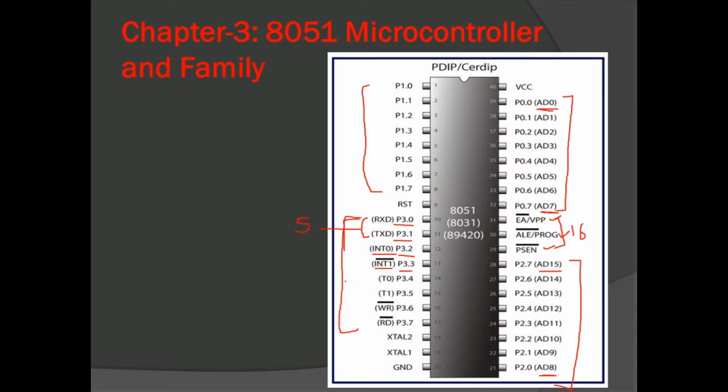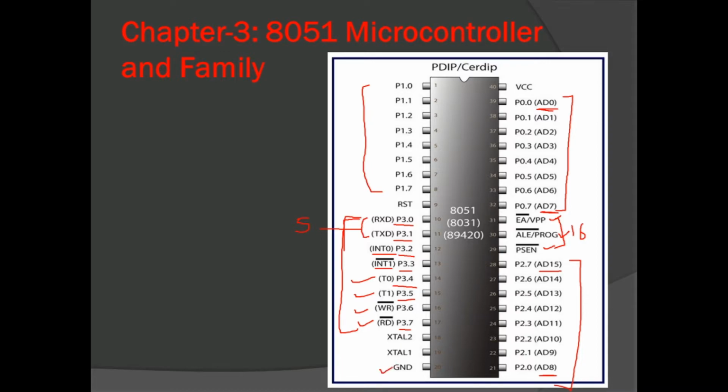We have two timers, timer 0 and timer 1, available at pin 3.4 and 3.5. We have a write signal at 3.6, which is used to write into external memory. We have a read signal at pin 3.7, which is used to read the external memory.